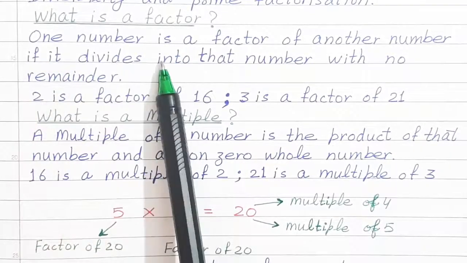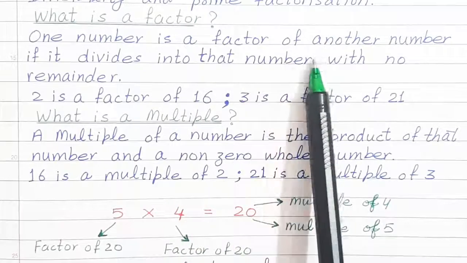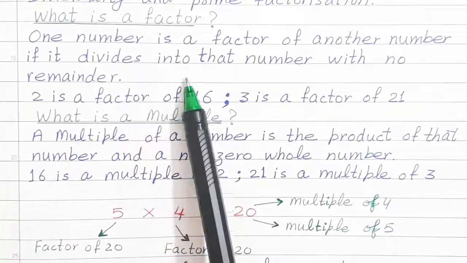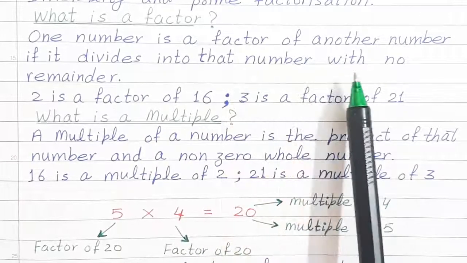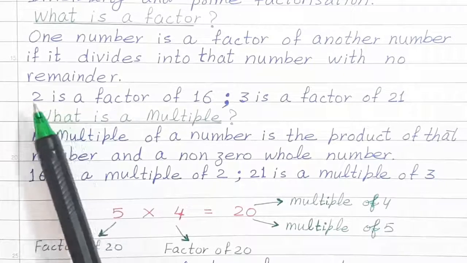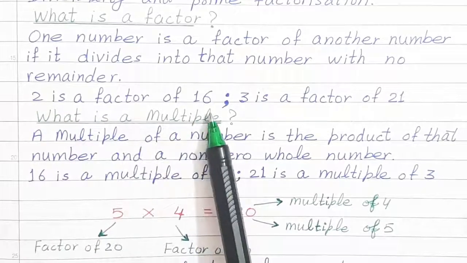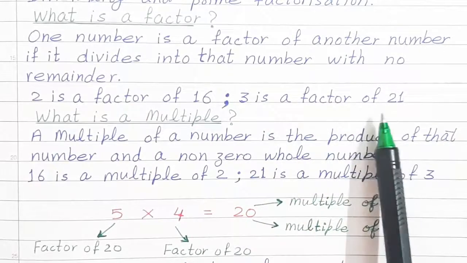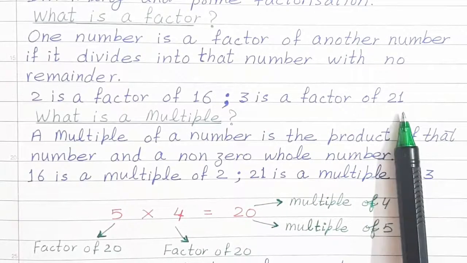One number is a factor of another number if it divides into that number with no remainder. For example, 2 is a factor of 16. 3 is a factor of 21.